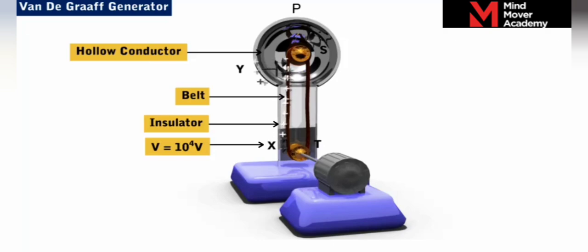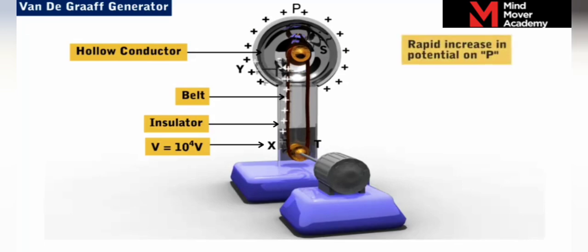The positive charges in the air, which have moved to the comb, are effectively transferred to the sphere P. Effectively, the positive charge on the belt is transferred to the sphere, and in a very short duration of time, the positive charge on the sphere moves to the outer surface and spreads uniformly. Thus, the device continuously transfers positive charge to the sphere P, and hence its potential keeps on increasing.